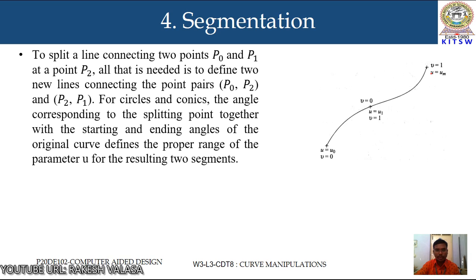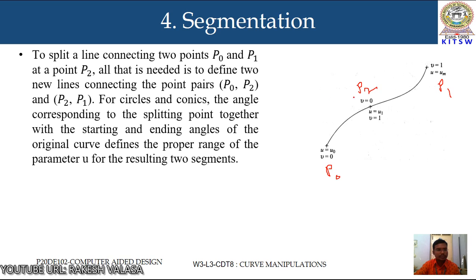Here I have taken one curve, to split a line connecting two points P0 and P1 at a point P2. Let us assume this is P0, this is P1, and this is P2.